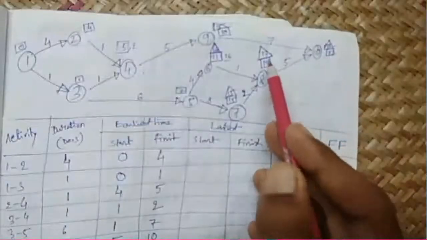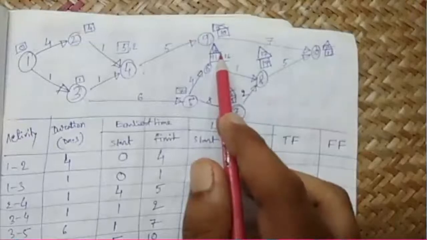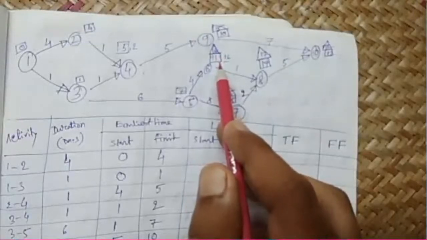But here you see these are the same: 22 22, 17 17, 15 15. This one is not the same. It is 16 on the triangle, the latest finish may be 16, but the earliest start will be 11.